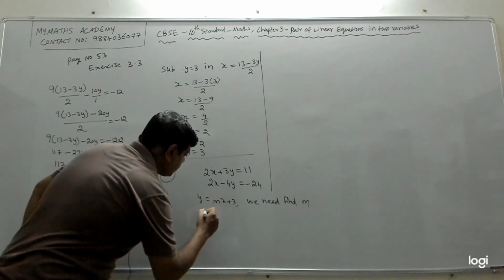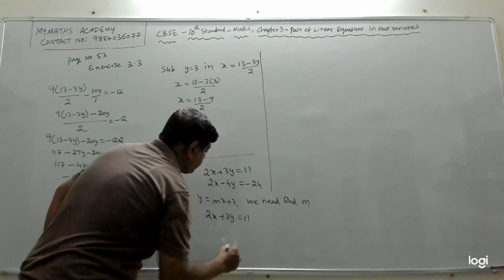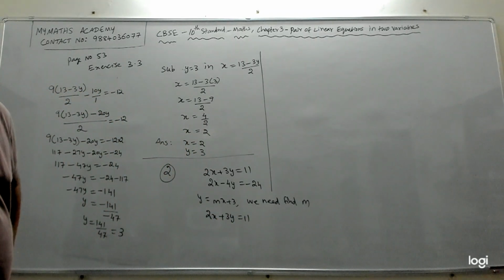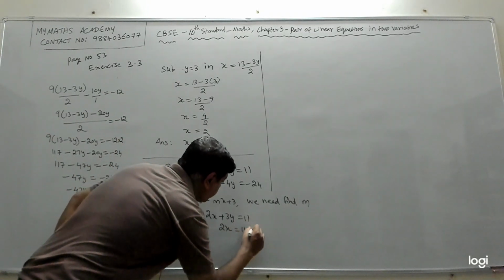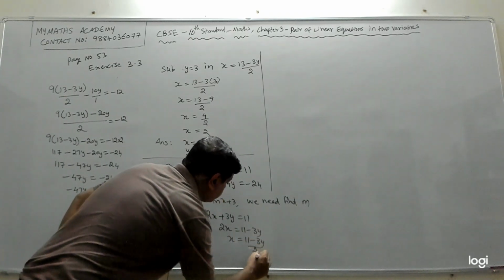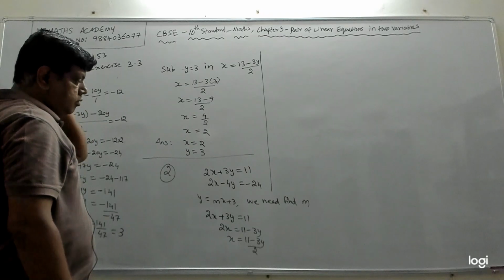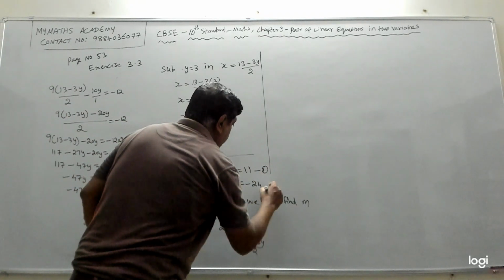So I'll take the first one: 2x plus 3y is equal to 11. Then my 2x becomes 11 minus 3y. My x becomes 11 minus 3y by 2. So from the first equation, this is equation 1, this is equation 2.